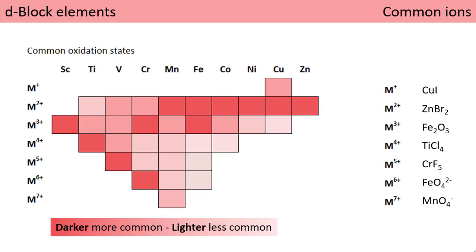How commonly we observe something is broadly related to the stability of that species. We tend to observe the more stable things. So what you can see from this graph is that for the first few elements, it is the highest possible cation charge that is most common, and this continues up to a point. But for the second half of the period, it is the +2 or +3 ion that is most commonly found.